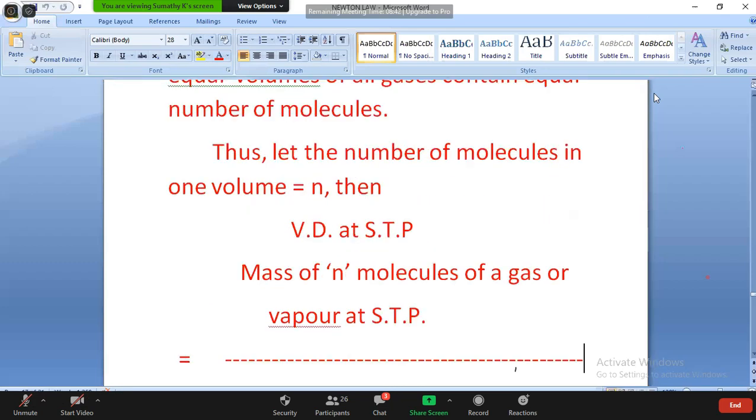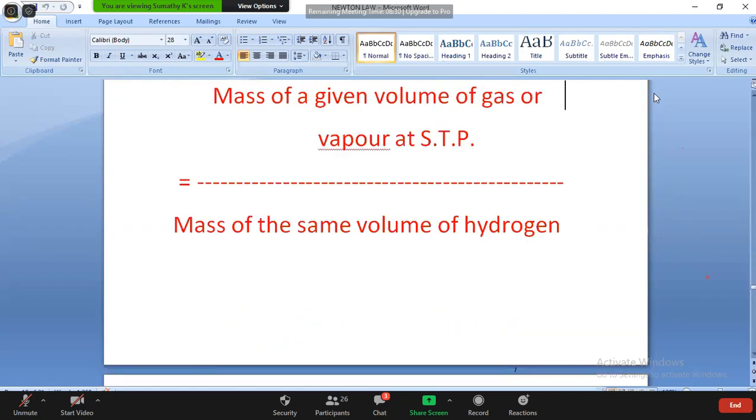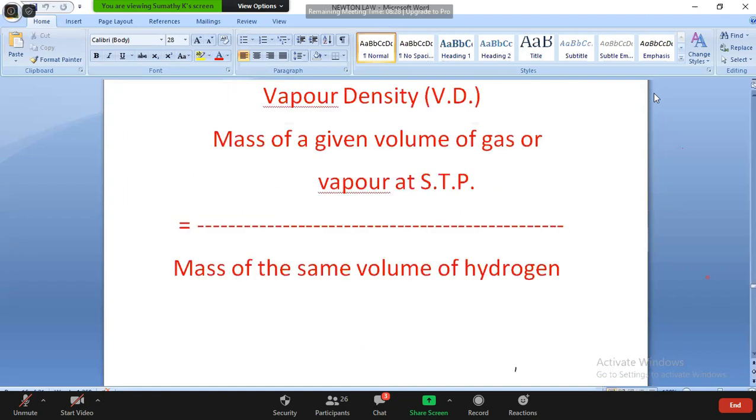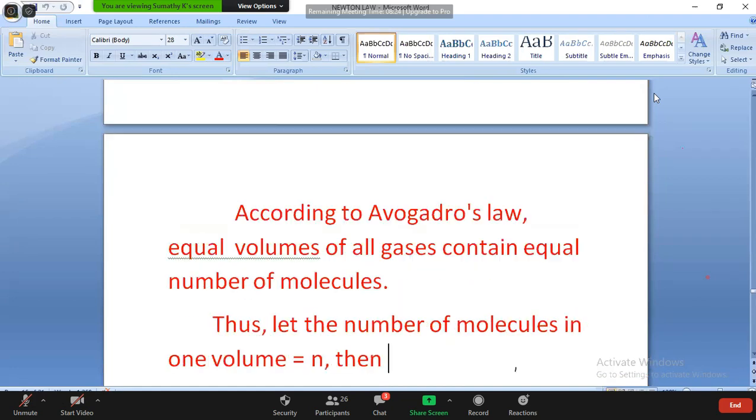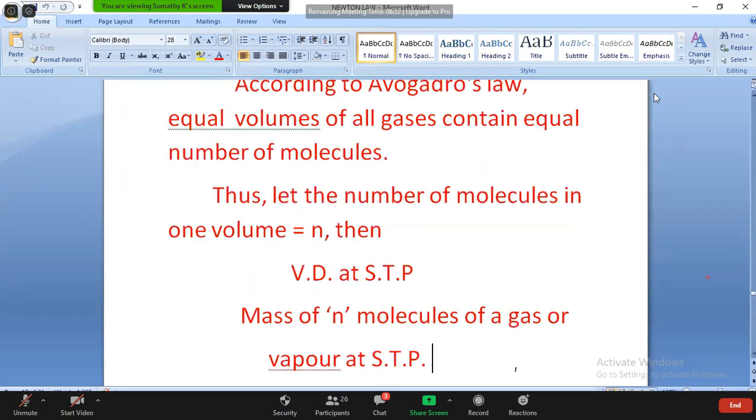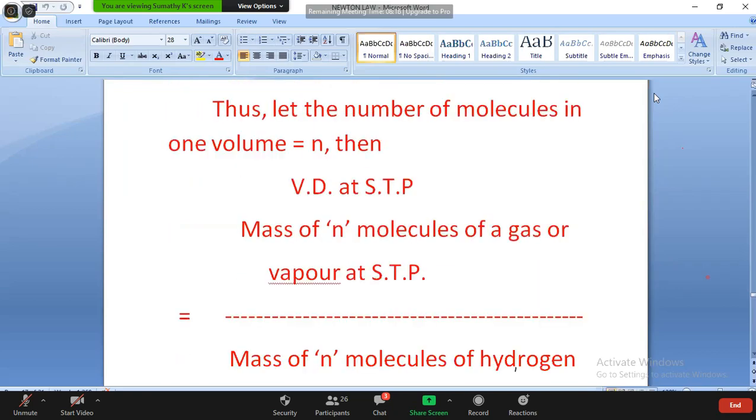So vapor density is the mass of n molecules of the gas or vapor at STP divided by the mass of n molecules of hydrogen.